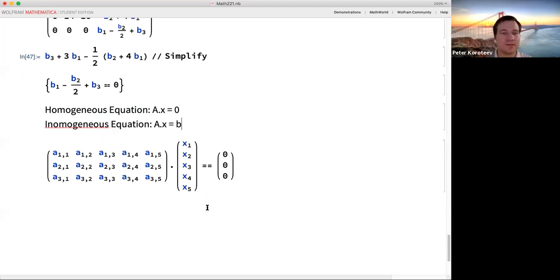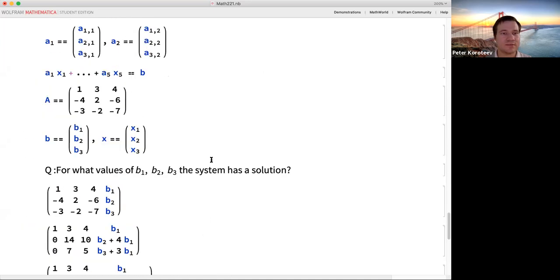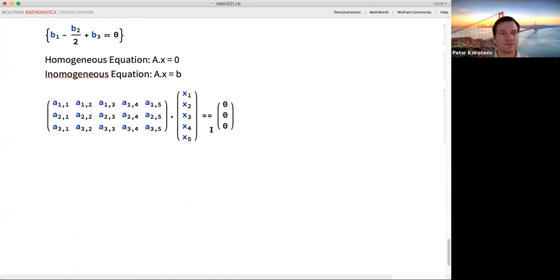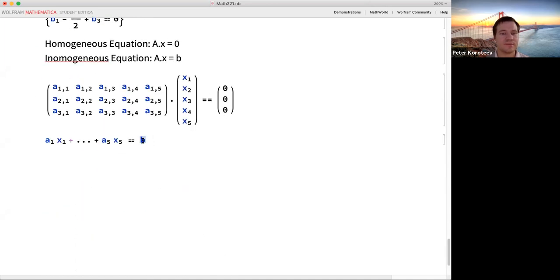So in terms of vectors, we're saying that the linear combination of vectors formed by columns of matrix A is equal to 0, right?